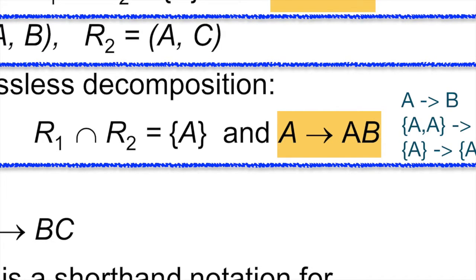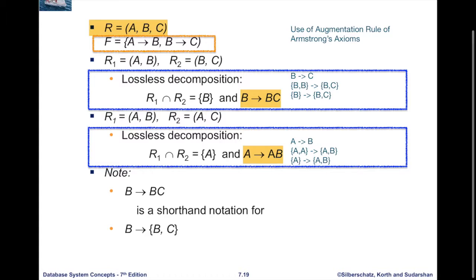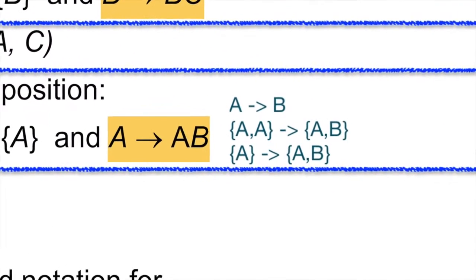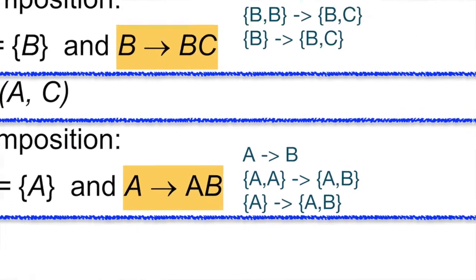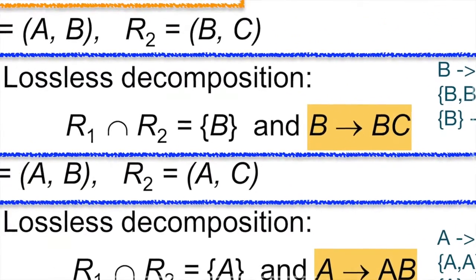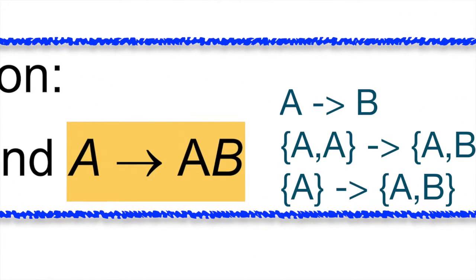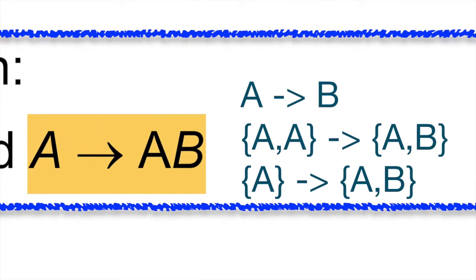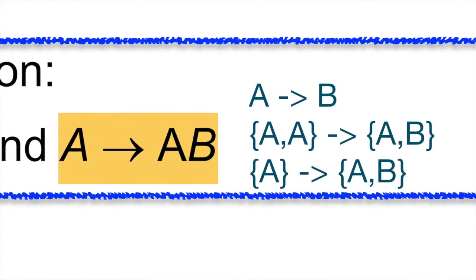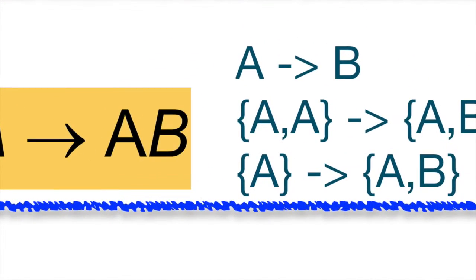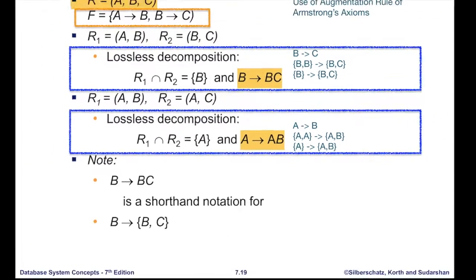So this is following the augmentation rule pa din. So instead of starting from B to C, we actually started from A to B. So from A to B, and then augment A to both sides. And then after that, since this is a set, then magiging A to AB na lang siya.